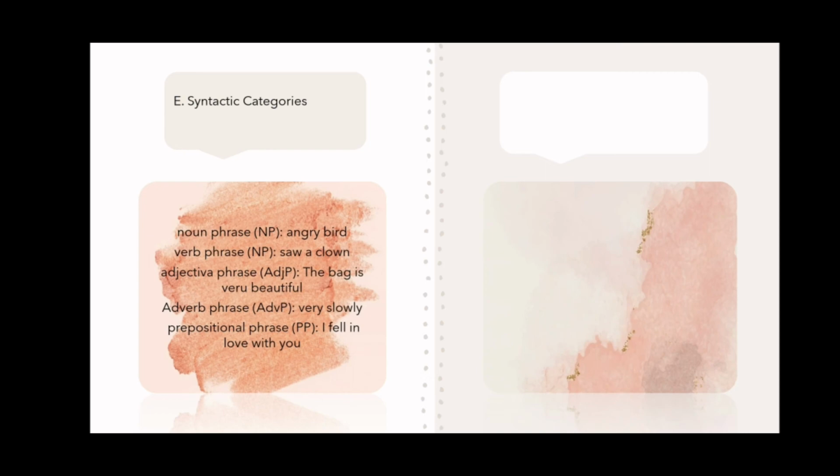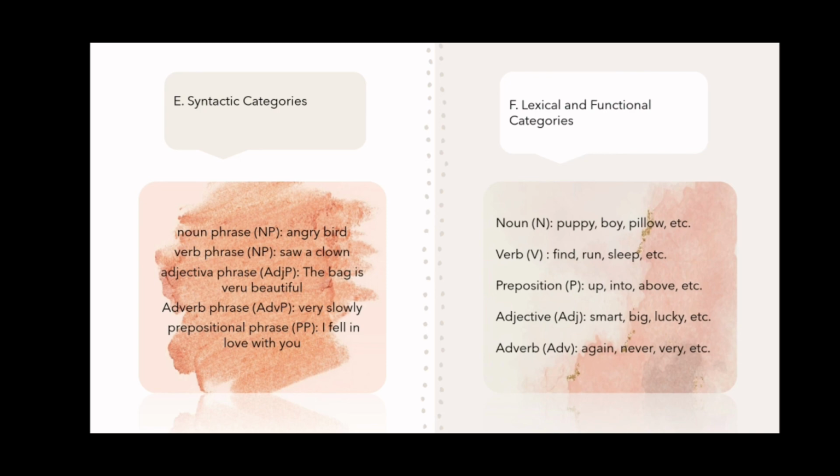The fifth point is syntactic categories. There are several kinds of syntactic categories, such as noun phrase, verb phrase, adjective phrase, adverb phrase, and prepositional phrase. You can see the example from each category. The last is lexical and functional categories. There are several kinds of this.